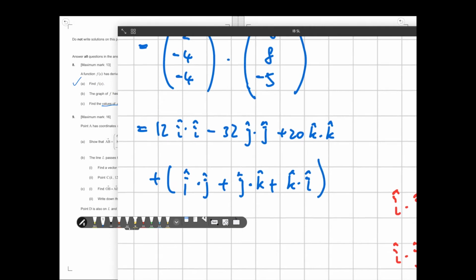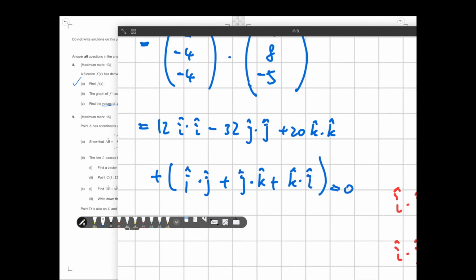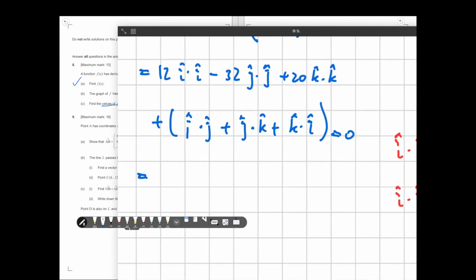So this part is just equal to 0. So we find 12 minus 32 plus 20.